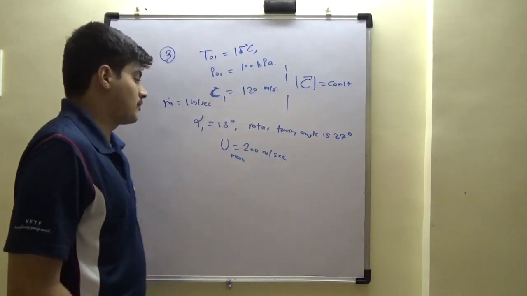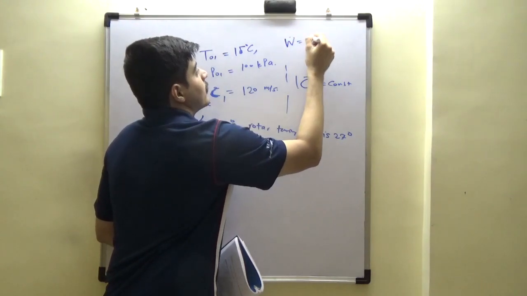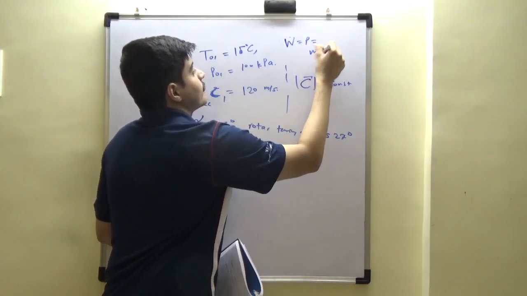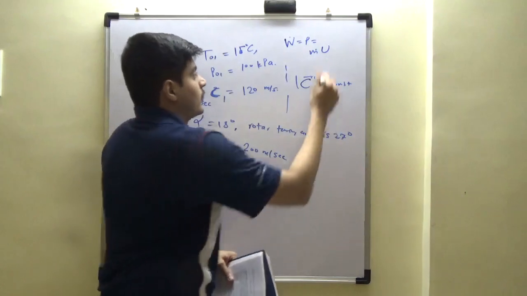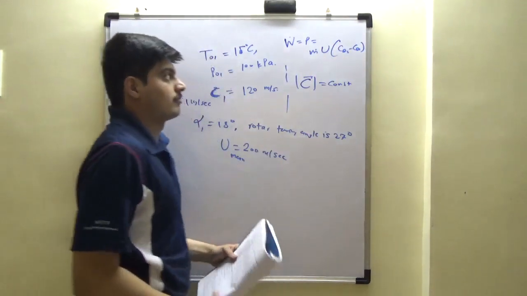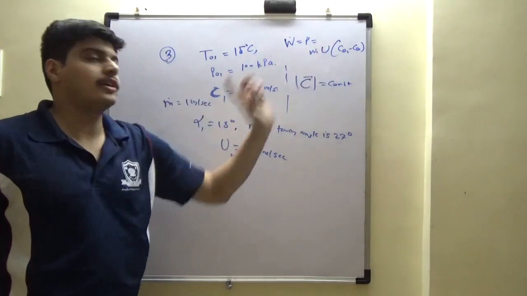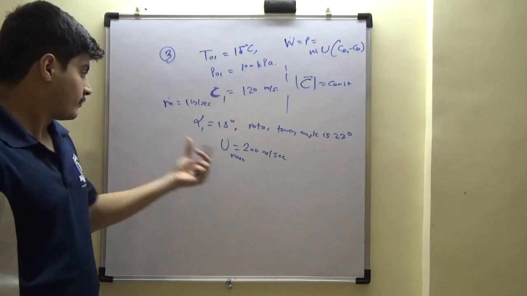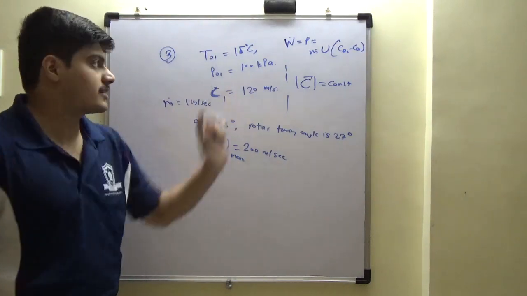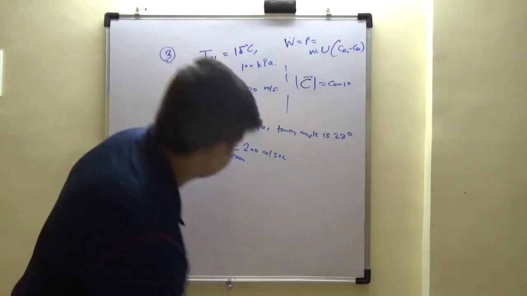So we have been asked the power requirement. Work done or power is m dot into U into c theta 2 minus c theta 1. Immediately I wrote this formula. How? Momentum change into rotational speed. Do I have this? Yes. Do I have this? Yes. What don't I have? This, which means I need to find this.